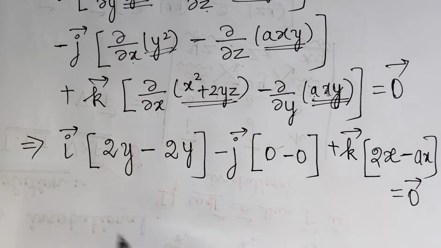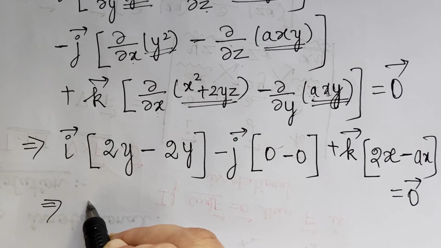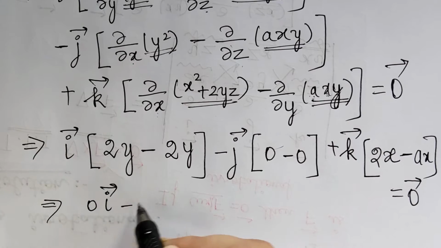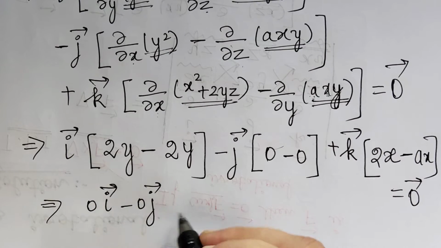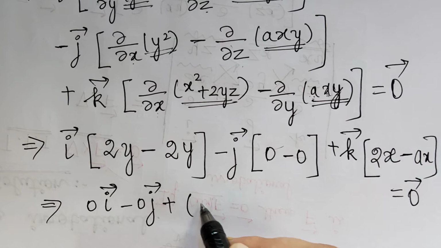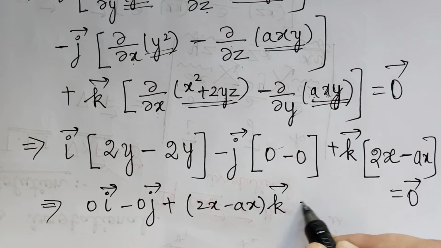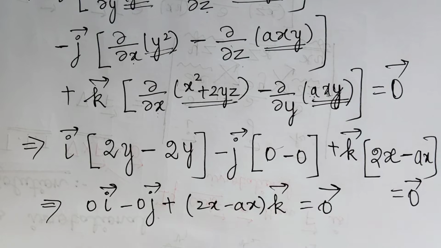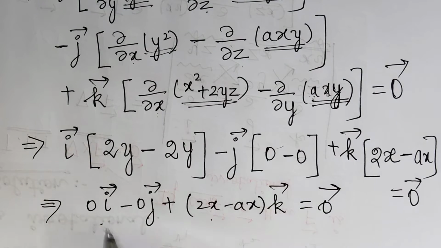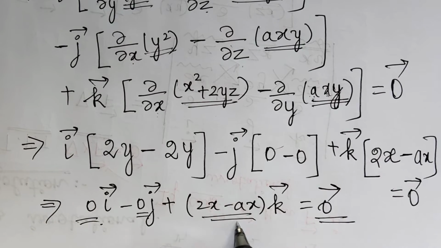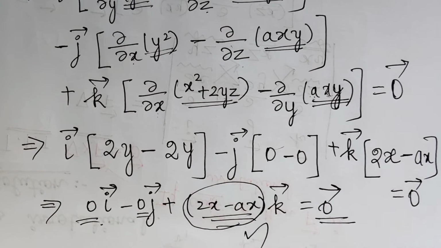Now since this is 0 vector, from this we have 0 i vector minus 0 j vector plus here we have (2x minus ax) k vector is equal to 0 vector. So we know that each of the components are equal to 0 since the right hand side is a 0 vector. So definitely this also will be equal to 0.